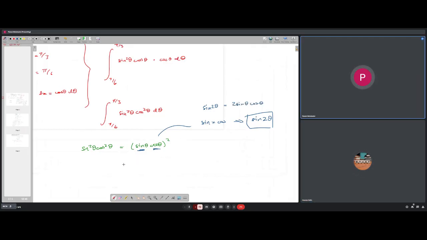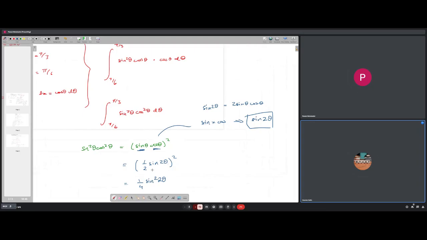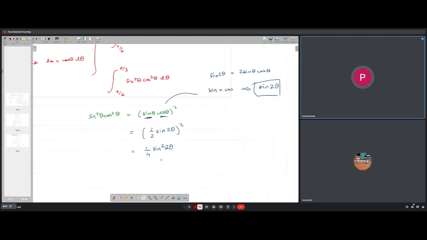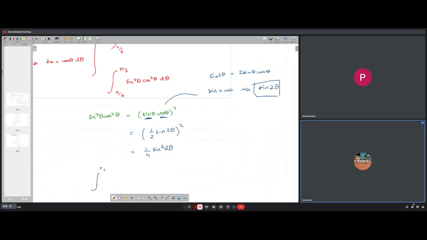So then effectively, I can write this as a half of sine 2 theta. Yeah. So then you get a quarter sine squared 2 theta. Now you're probably thinking, well, this doesn't help me either because I still have to integrate this. But you know, this is kind of funny.